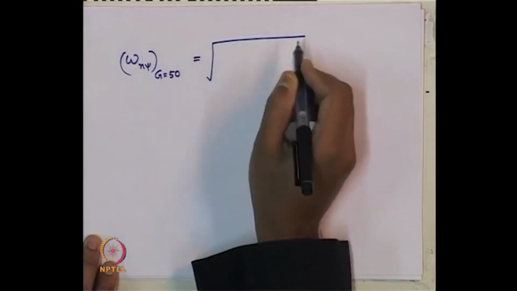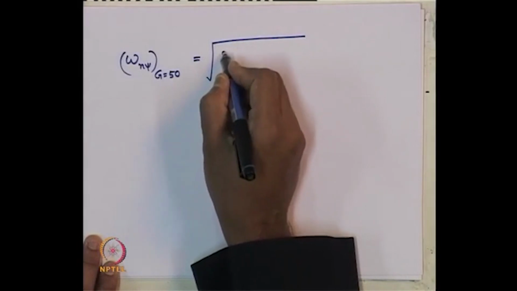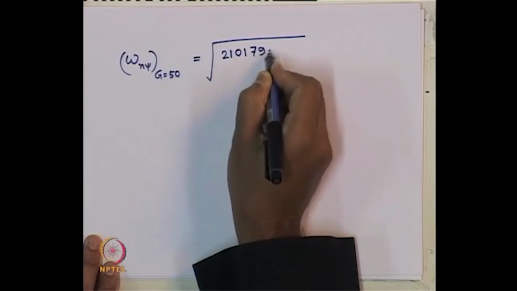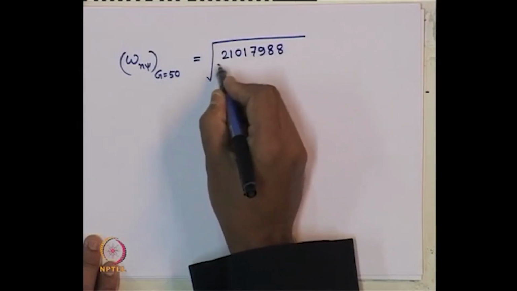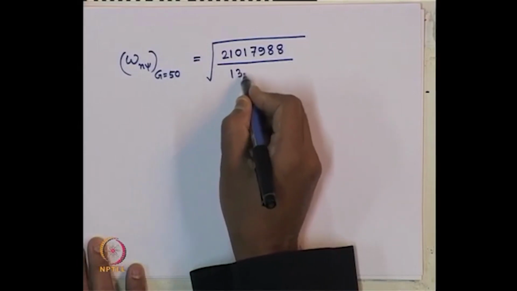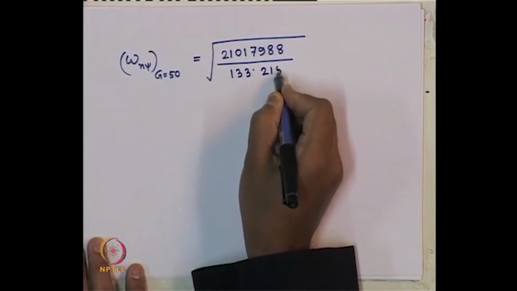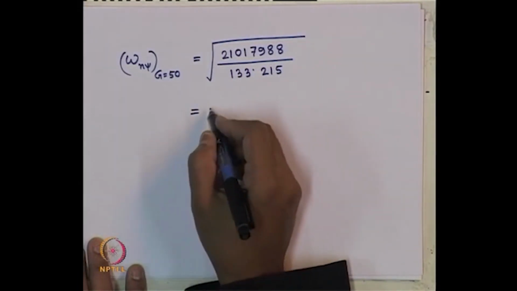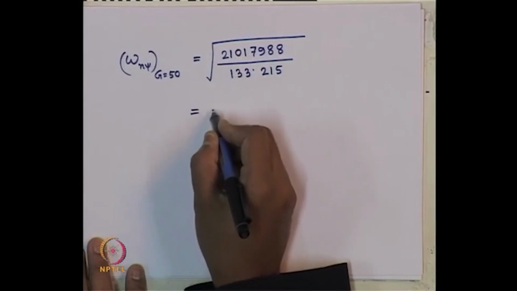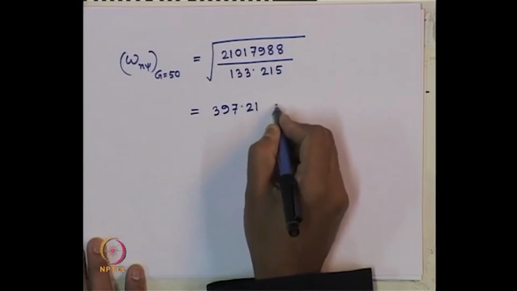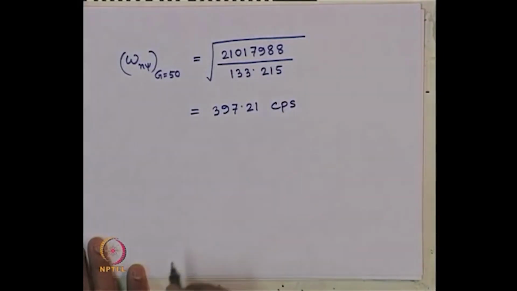That will be k psi, how much we had calculated? 2101798 divided by m psi, how much we got? 133.215. So, if we calculate this, we are getting 397.21 cycles per second. Correct?